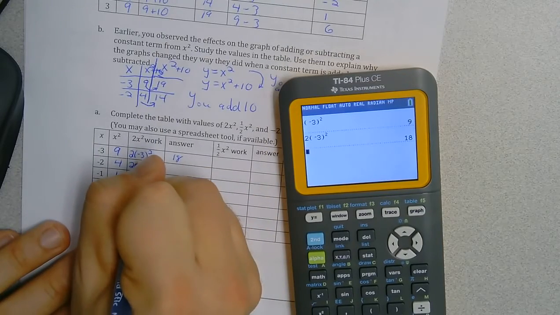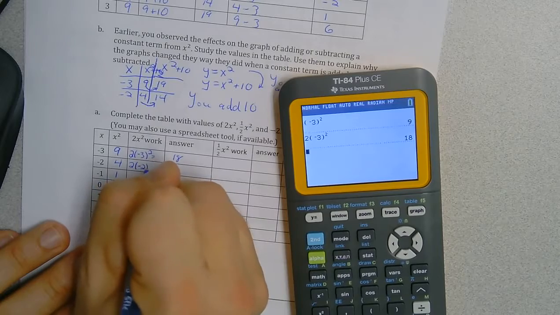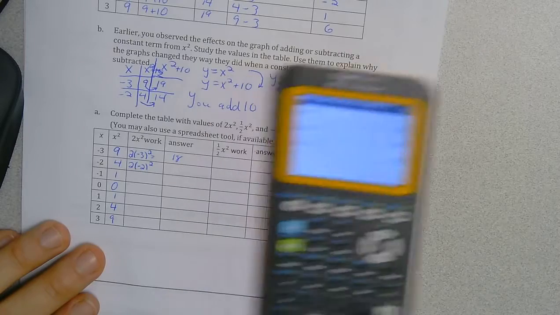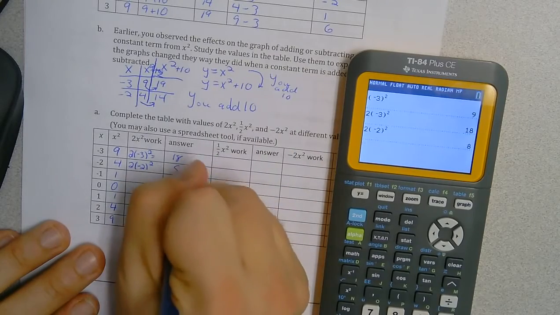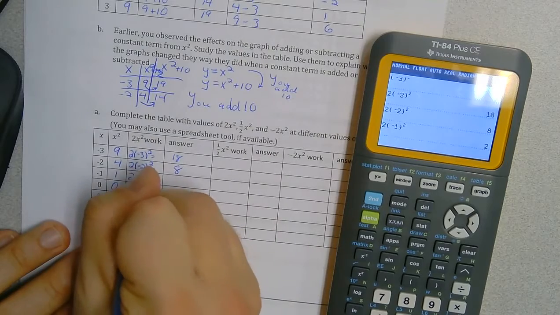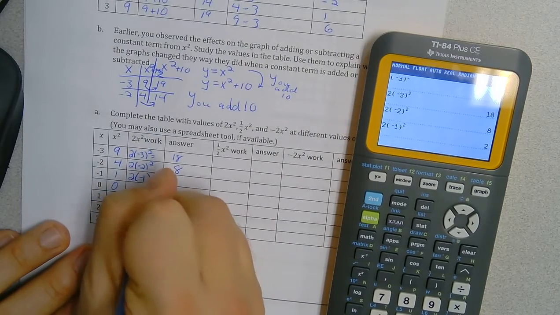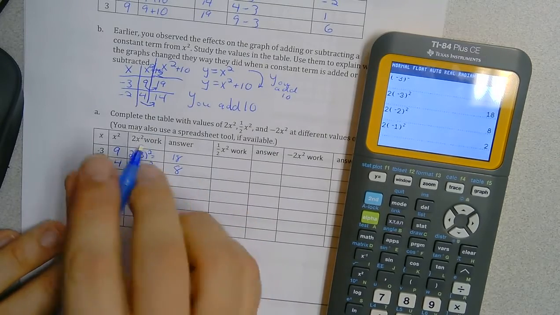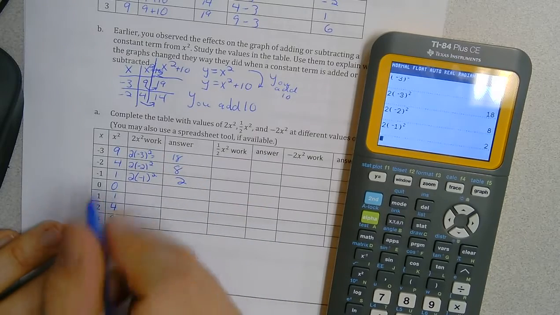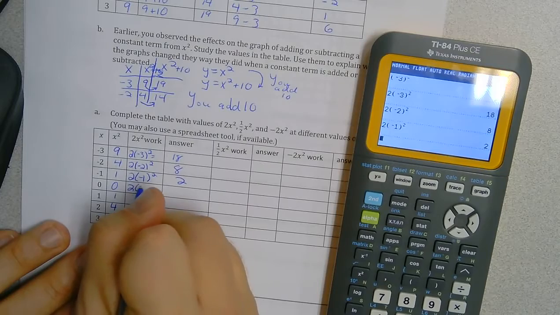And then 2 times -2 squared, and that gives me 8. And then for 2 times -1 squared, that gives me 2. And then just plugging in our numbers, 2 times 0 squared.